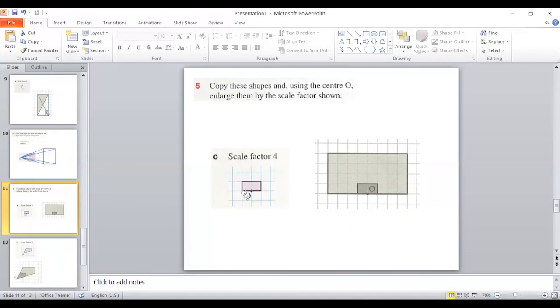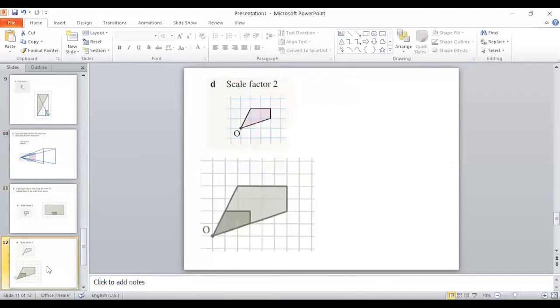Since it is 2 units long, it will be 8 units long. This is 1, it will be 4 then. 1, 2, 3, 4, 5, 6, 7, 8. 1, 2, 3, 4. Since we use the scale factor 4, each of the sides will be multiplied by 4 in order to obtain the right image side.